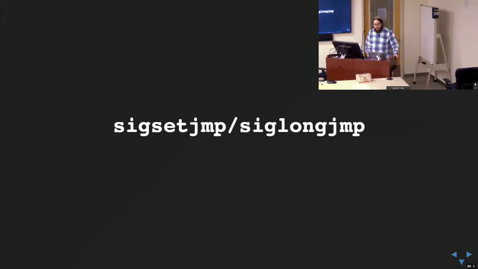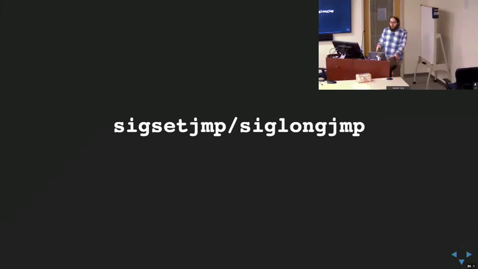sigsetjmp and siglongjmp are functions which are useful for dealing with errors and interrupts encountered in C code. sigsetjmp saves the stack context and execution environment at the point it is called. A subsequent call to siglongjmp with the same environment variable will restore the execution state to that state saved when you called sigsetjmp.